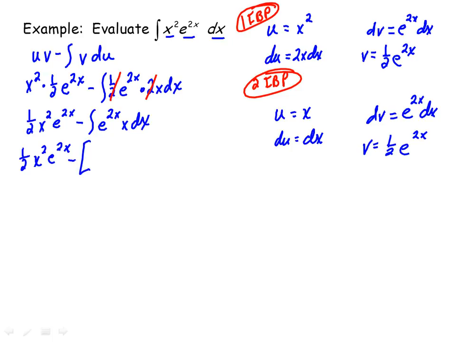So u this time is going to be x, and v is going to be 1/2 e to the 2x, minus the integral of v du, which is dx.